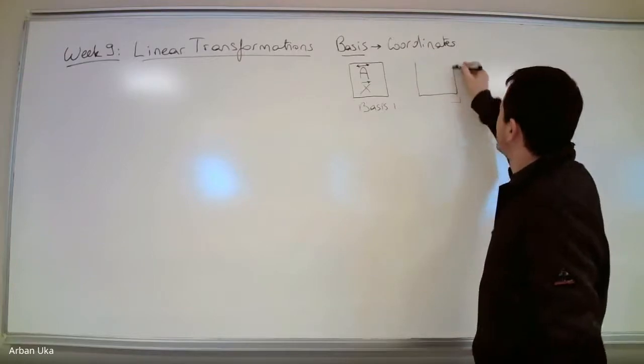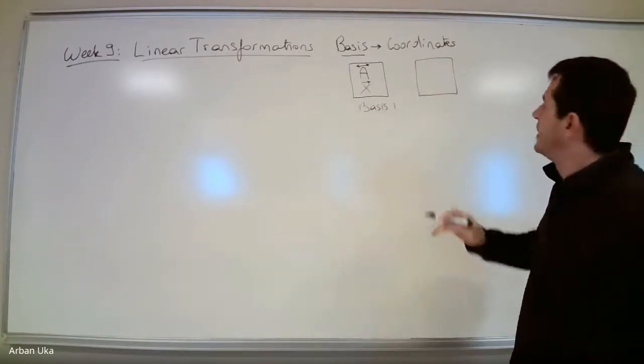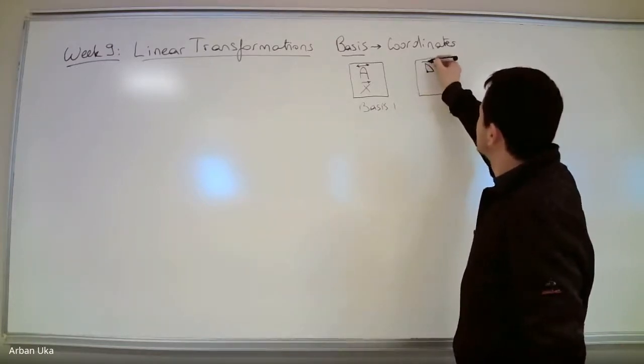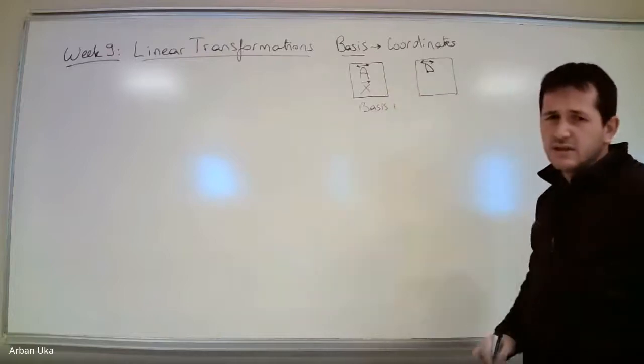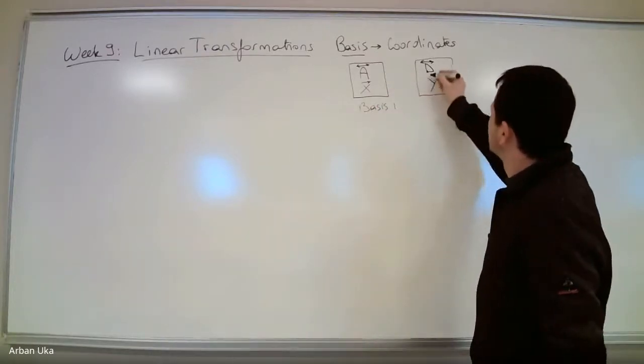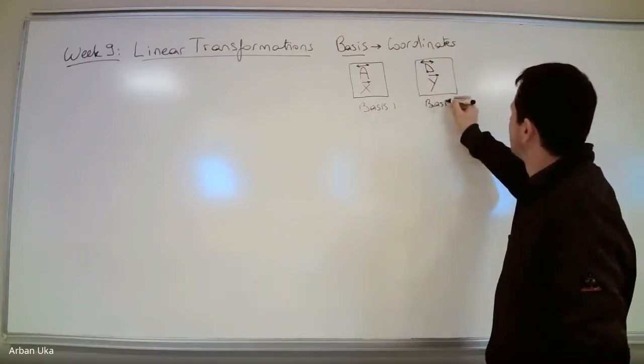Then we're going to have another domain, which will be represented, instead of the matrix A, by a matrix D, and instead of this vector X, by a vector Y. We call this one basis 2.